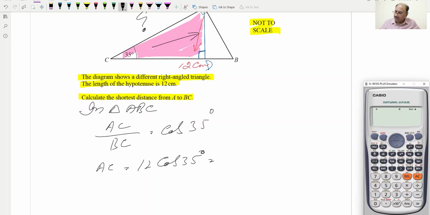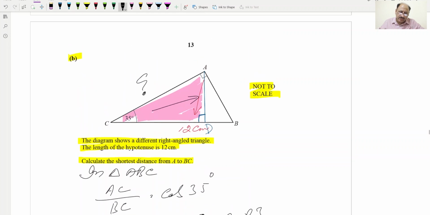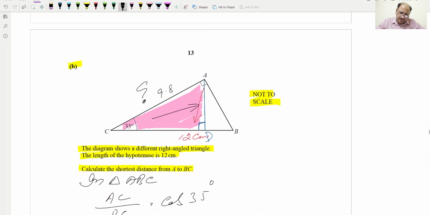Your calculator should be in degree mode, and this is 9.83 up to 2 dp.